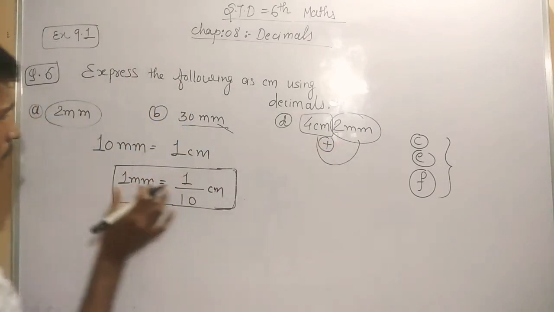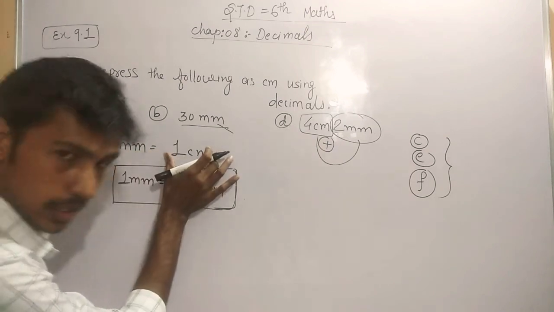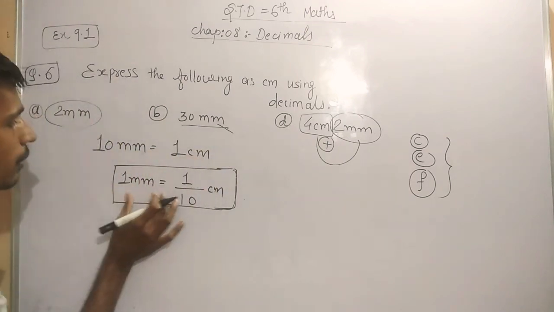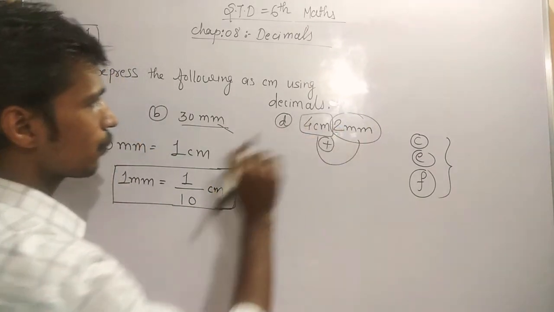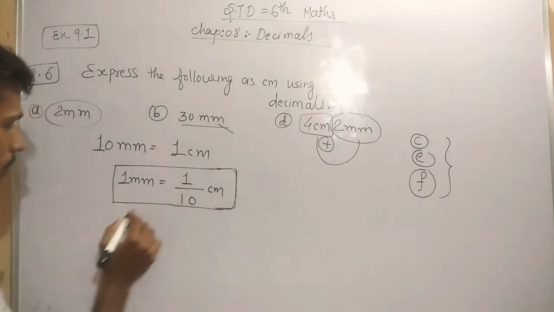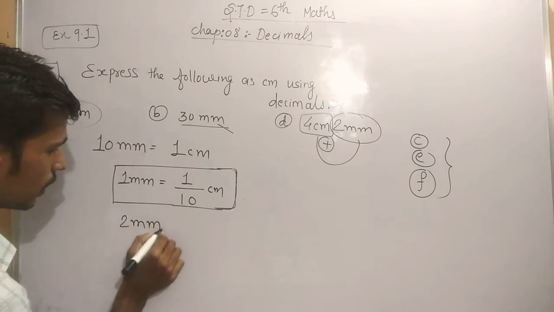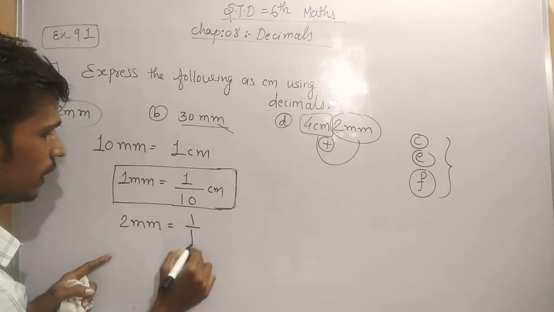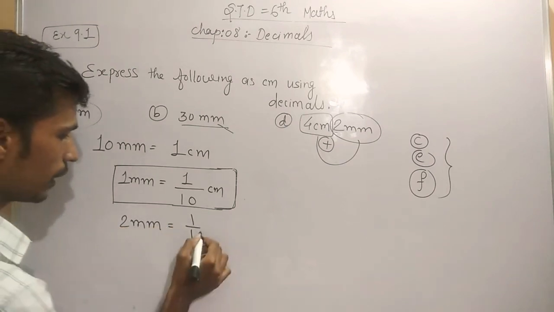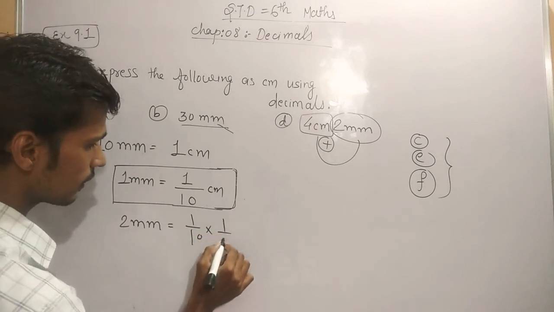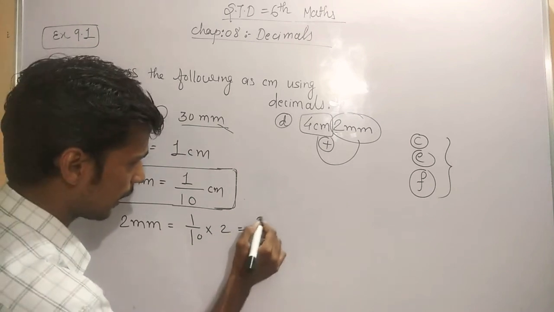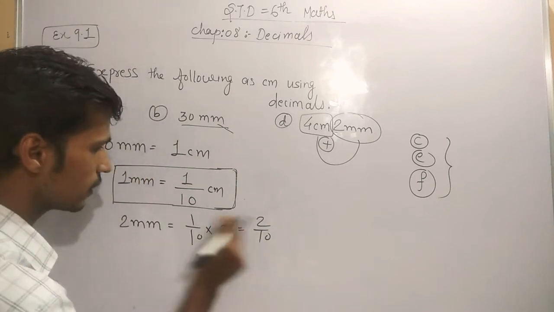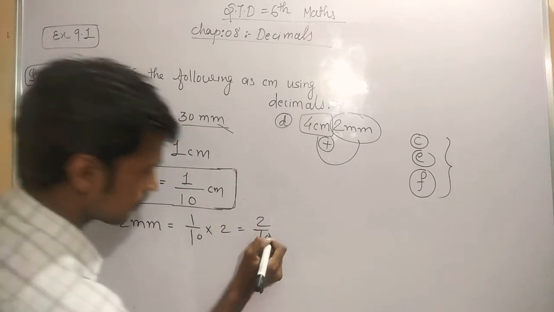Now we know that 10 mm equals 1 centimeter, and 1 mm equals 1 upon 10 centimeter. We have to find 2 mm. So 2 mm equals 2 multiplied by 1 upon 10, which is 2 upon 10.